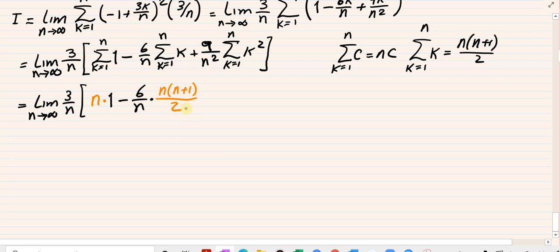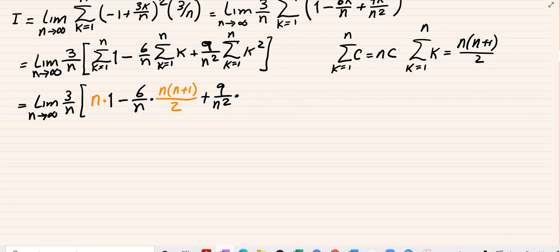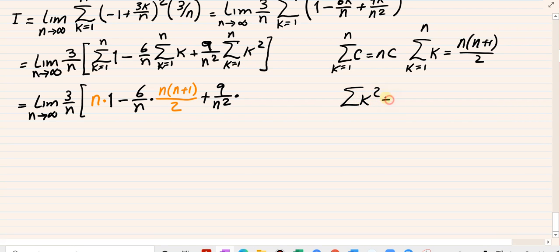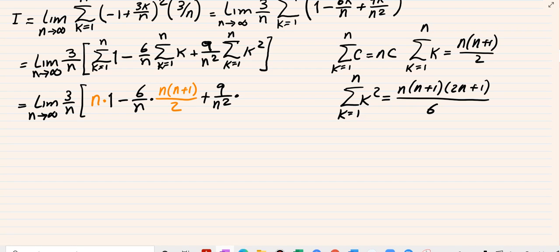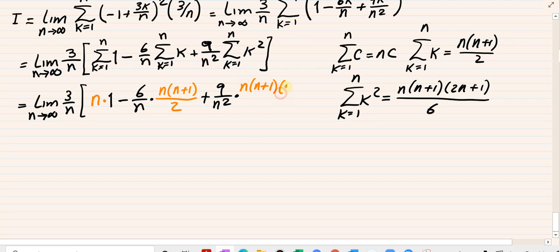That replaces the sigma. And then plus 9 over n squared times sigma k squared. The formula we had for sigma k squared was n plus 1 times 2n plus 1 divided by 6, if I remember correctly, as k goes from 1 to n. So this one is going to be n plus 1 times 2n plus 1 divided by 6.